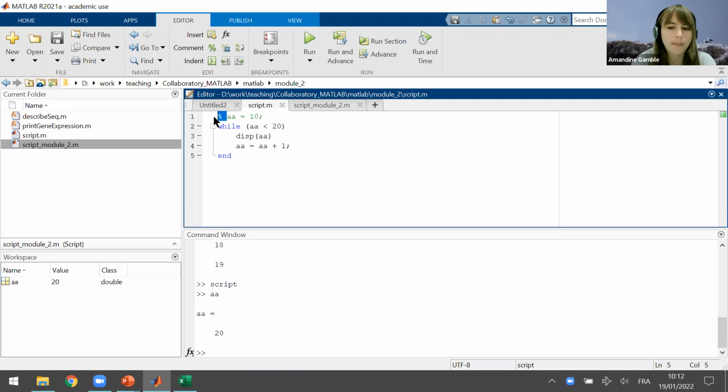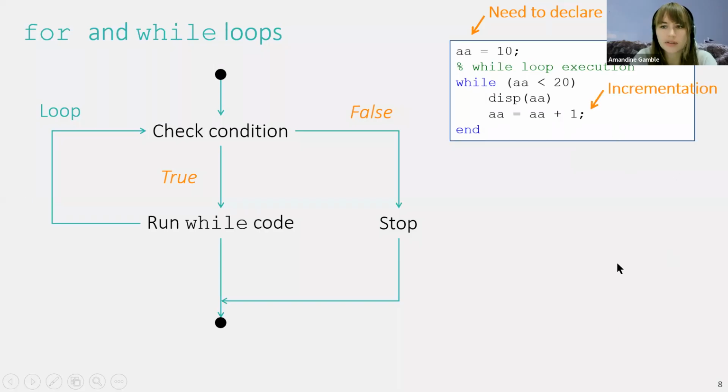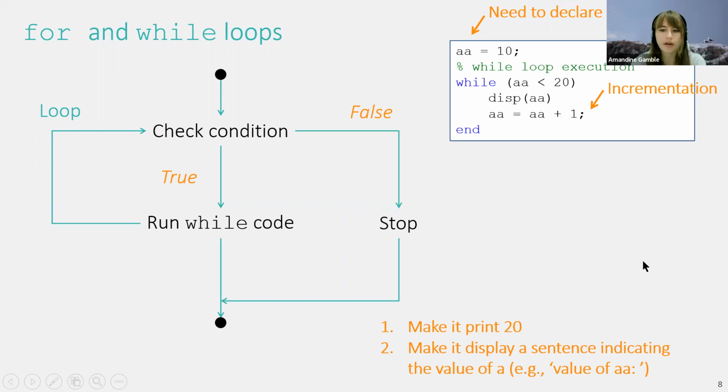So that's why a good practice is to always define your index variable just before the loop, so you make sure you start with whatever you want to start with. Okay, so the two important things: define your index variable before the loop and increment your index variable within the loop. Declare the index, increment the index.